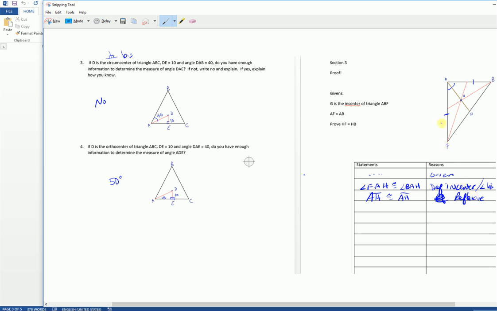Now I think at this point we have side angle side. So I know we've got our two triangles, and so we go ahead and say that triangle FAH is going to be congruent to triangle BAH. And the reason why I'm making these triangles congruent is I'm going back to my prove line. My prove line says I've got to get these guys right here congruent, and the only way I'm ever going to get that, unless it says midpoint somewhere, is to use CPCTC.